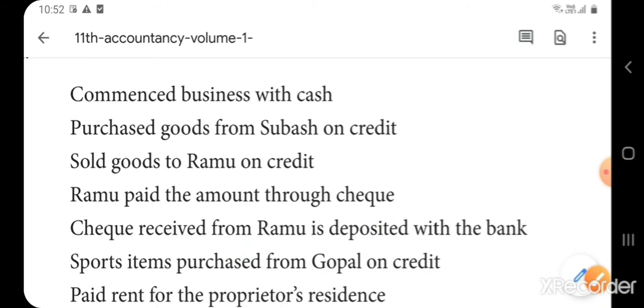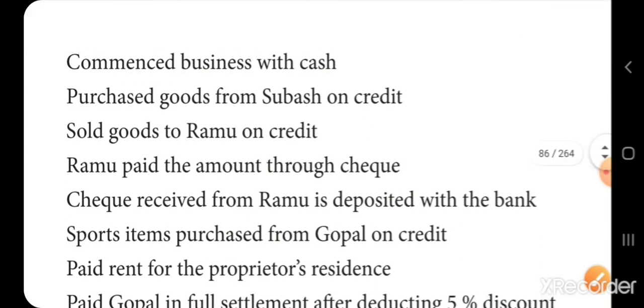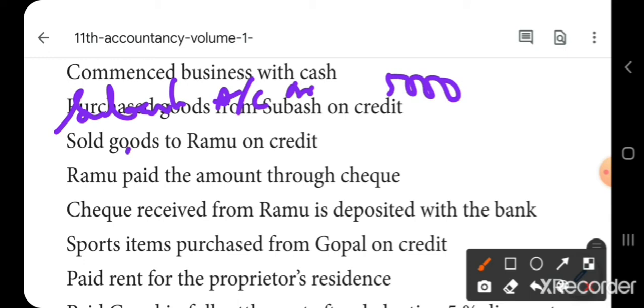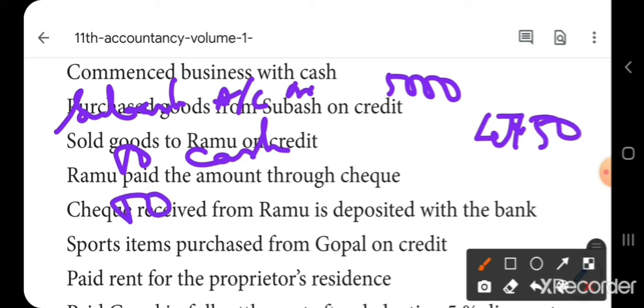Okay. Now the entry will be Subhash account debtor 5,000, to cash 4,750, to discount received 250.